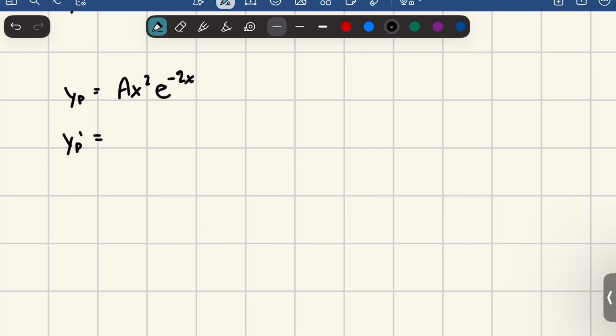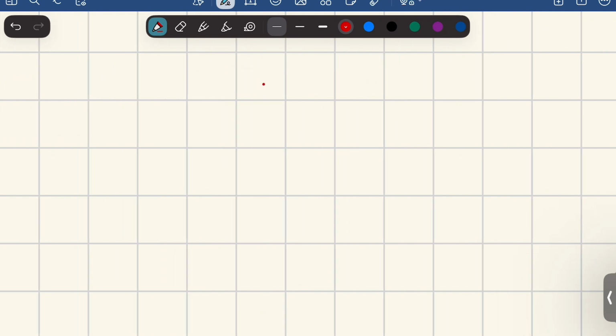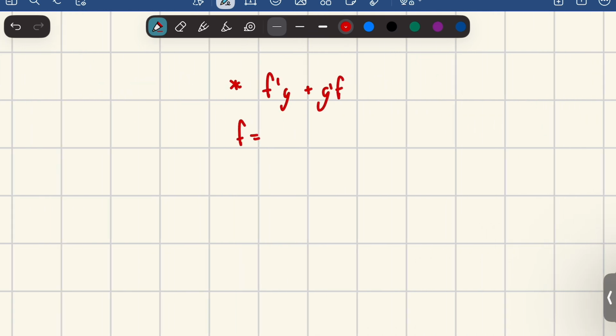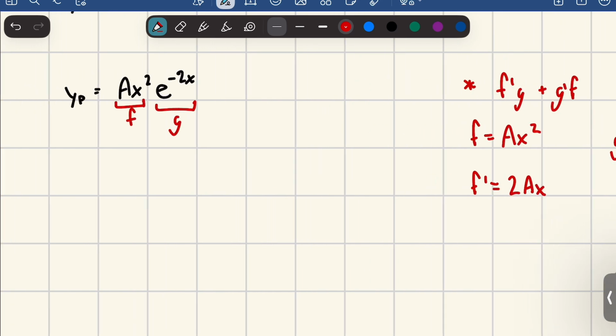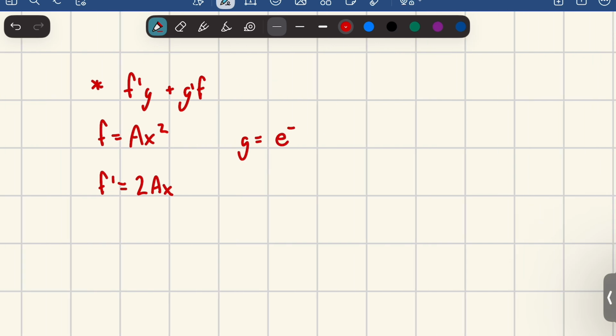Let me think about this. So this is going to be product rule, I fear. This will be your f, g. I always like writing it like this, so I'll never forget the g f. Oh, oopsies. f is ax squared, f prime equals 2ax, g equals e to the -2x.